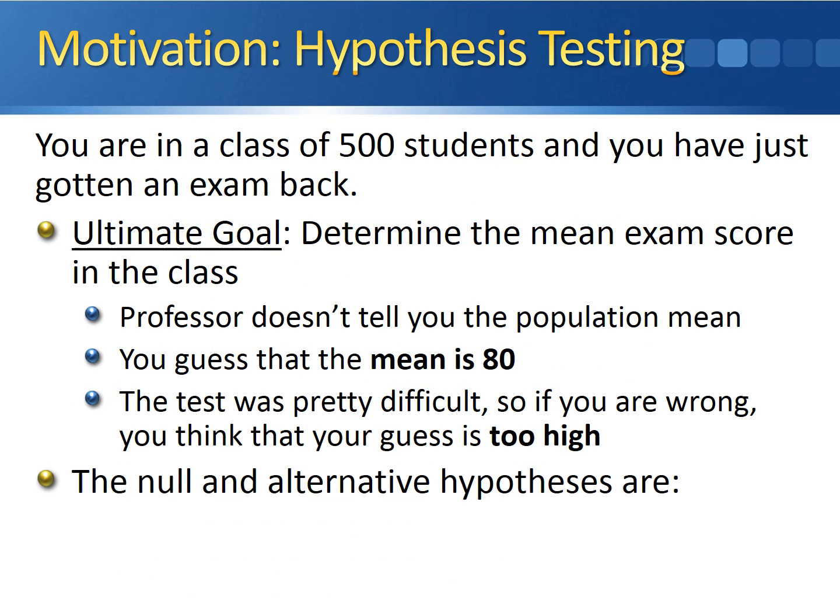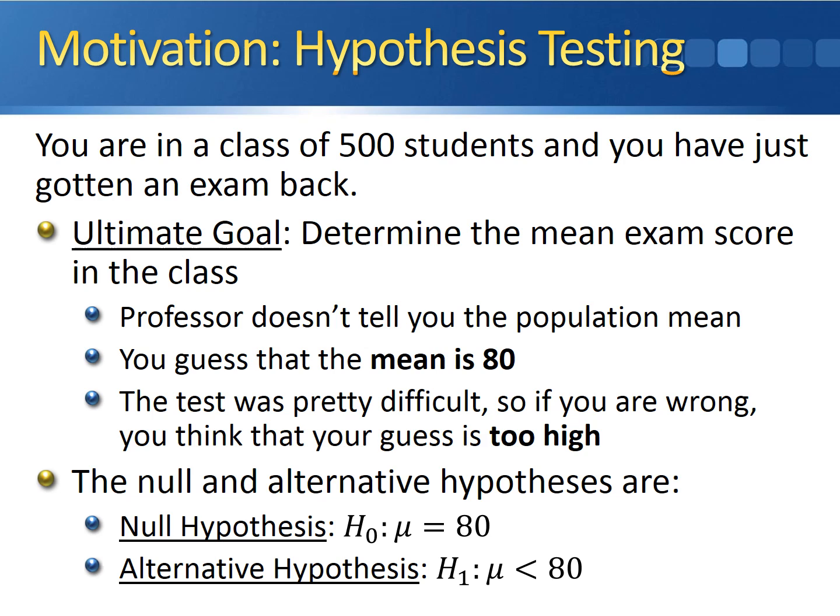Now, for this particular problem, we initially guessed that the mean exam score was equal to 80. But since the test was pretty difficult, we thought that if we're wrong, our guess was a little bit too high. What this means is that the null hypothesis is going to be H0, mu equal to 80, and the alternative hypothesis is going to be H1, mu less than 80.